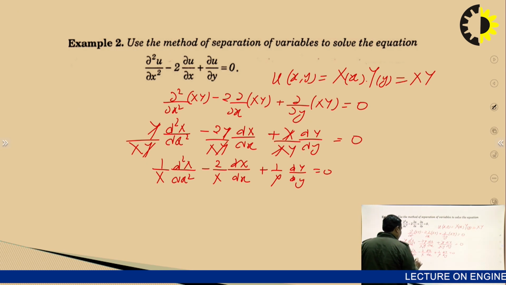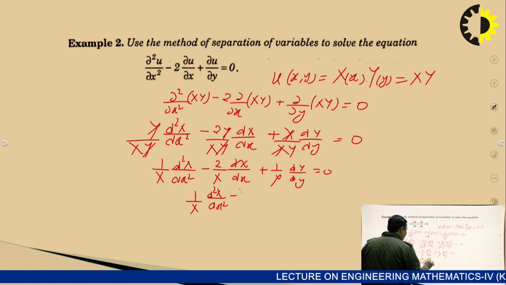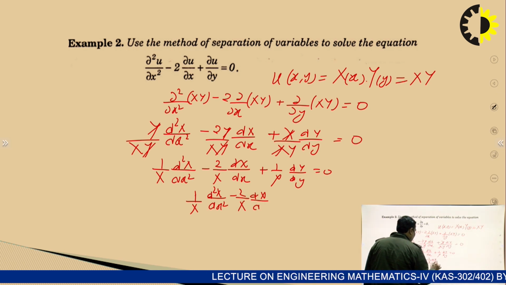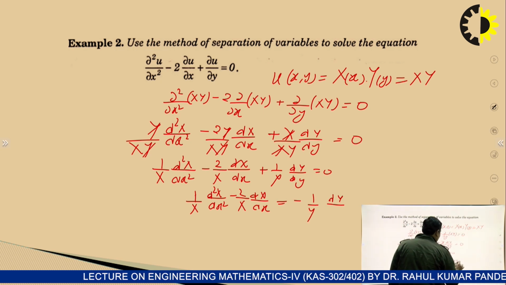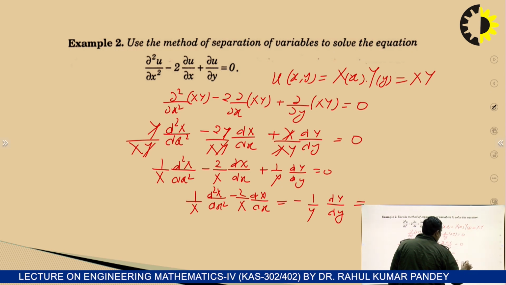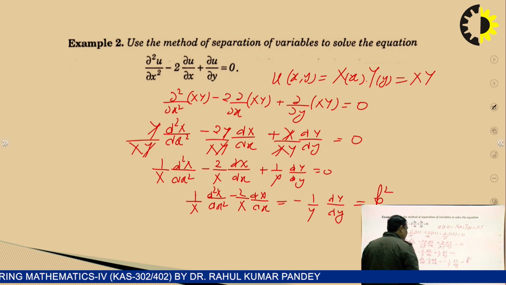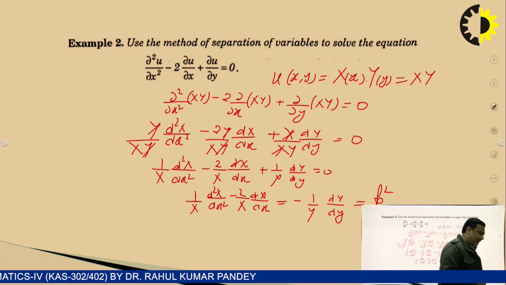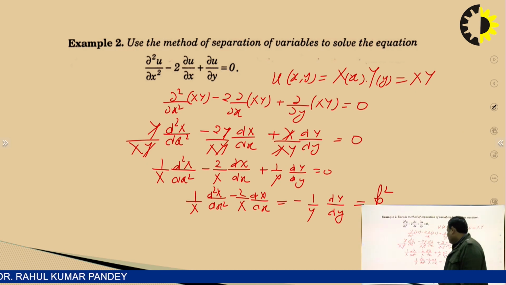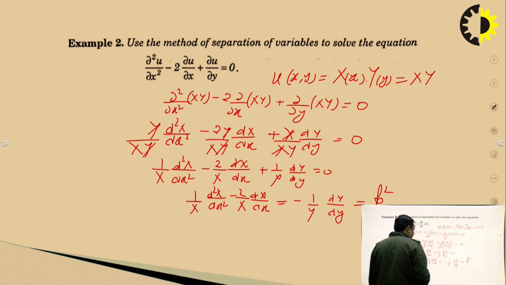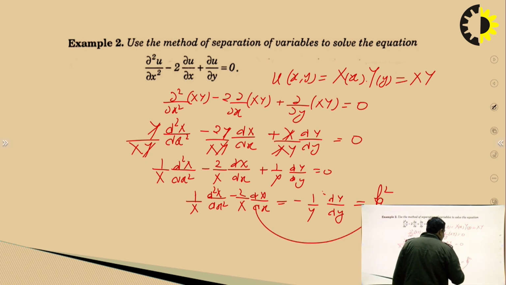Now 1 upon X d2X upon dx square minus 2 upon X dX upon dx equal to minus 1 upon Y dY upon dy equal to a constant, which is taken as p square. The constant may be taken as anything, k, p square, minus p square, c, as you wish. Now, solving such type of equation in terms of the constant, first, second.